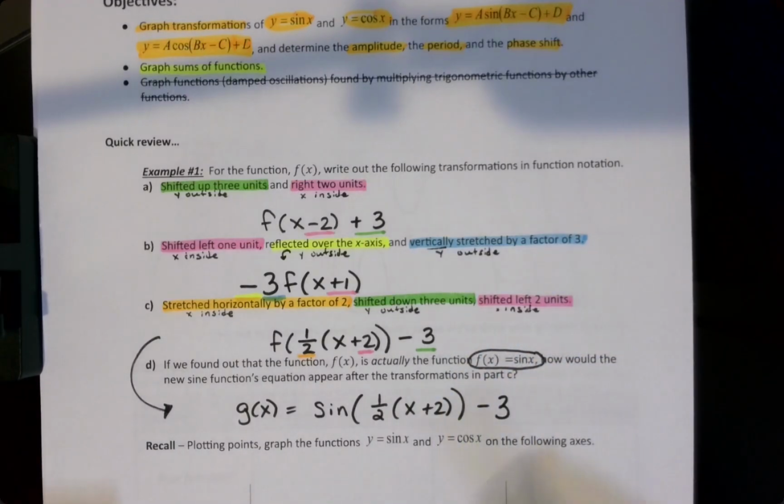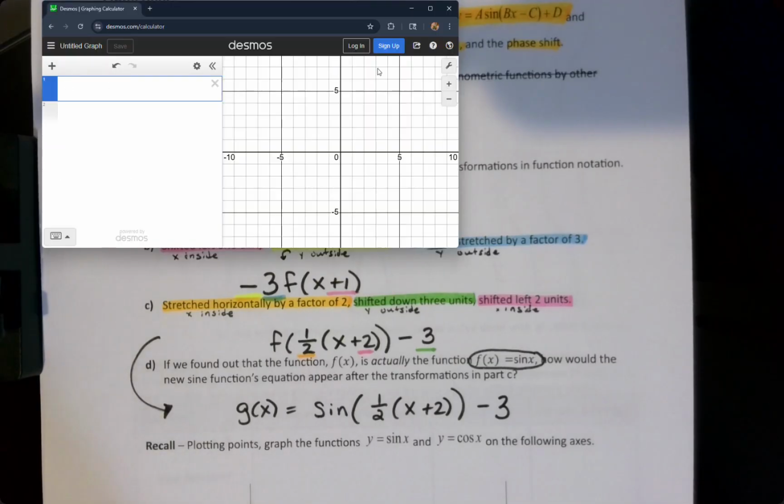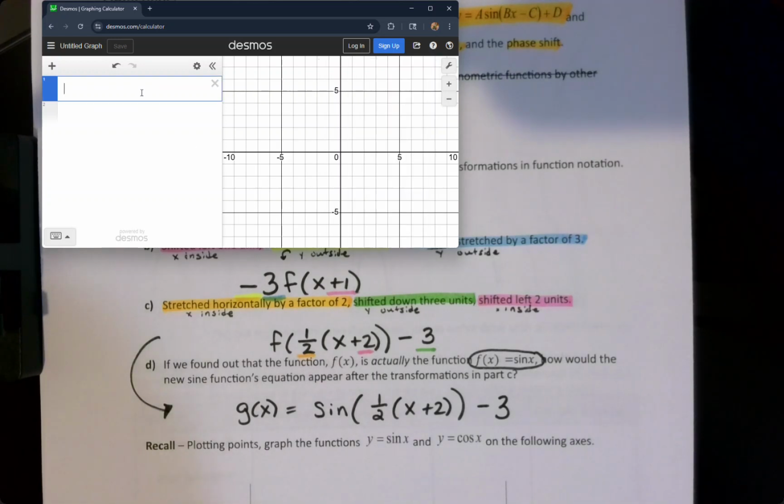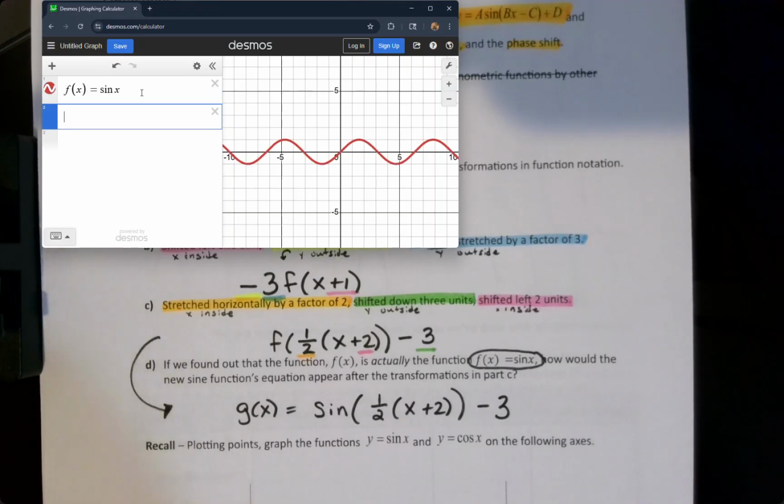Now that we know what function we're using, that sine of x function, let's go ahead and graph so we can see what these transformations do to the graph. All right, so we've got a decimal graph here. I want to make sure that I'm in radians. I should always graph these functions in radian measure. I'm going to graph the original parent function, f of x equals sine of x.